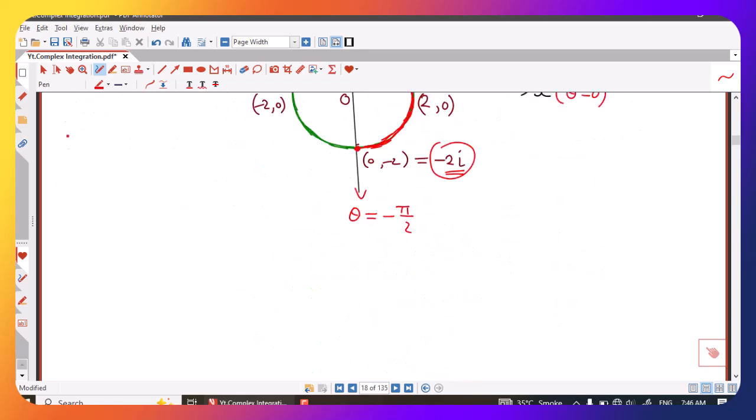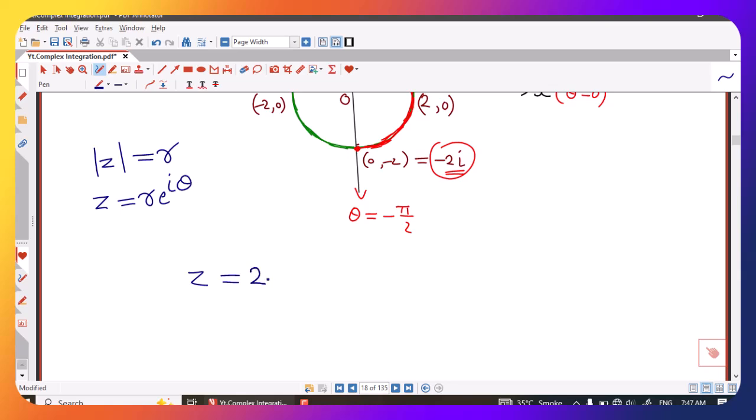Because we want to evaluate the contour integral, first we have to write our circle in parametric form. So we know that if we have a circle whose center is 0 and radius is r, then the parametric form is z equal to r times e raised to i theta.